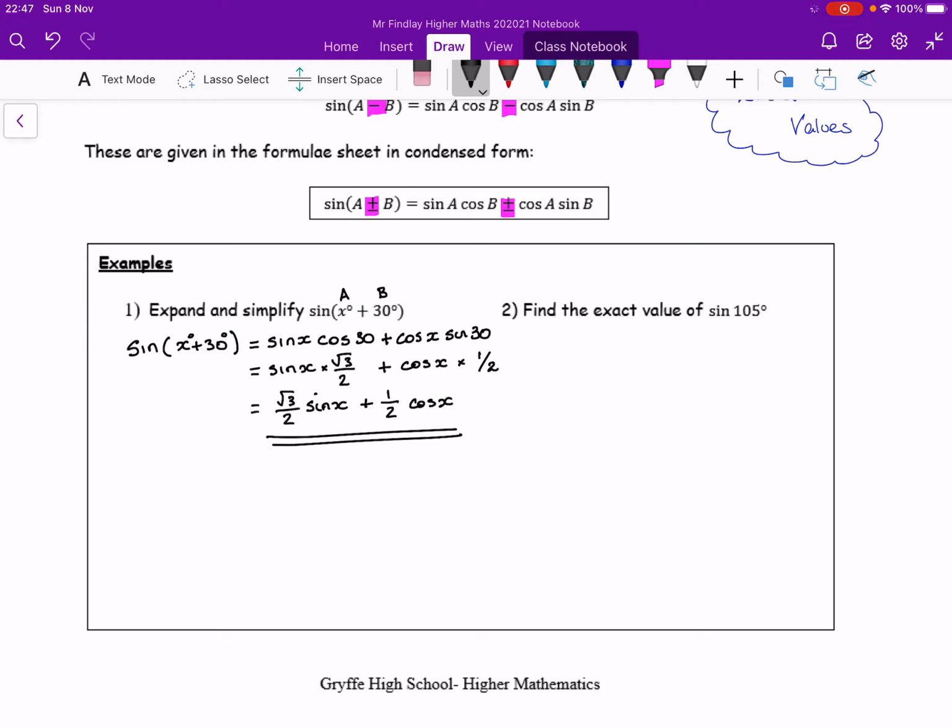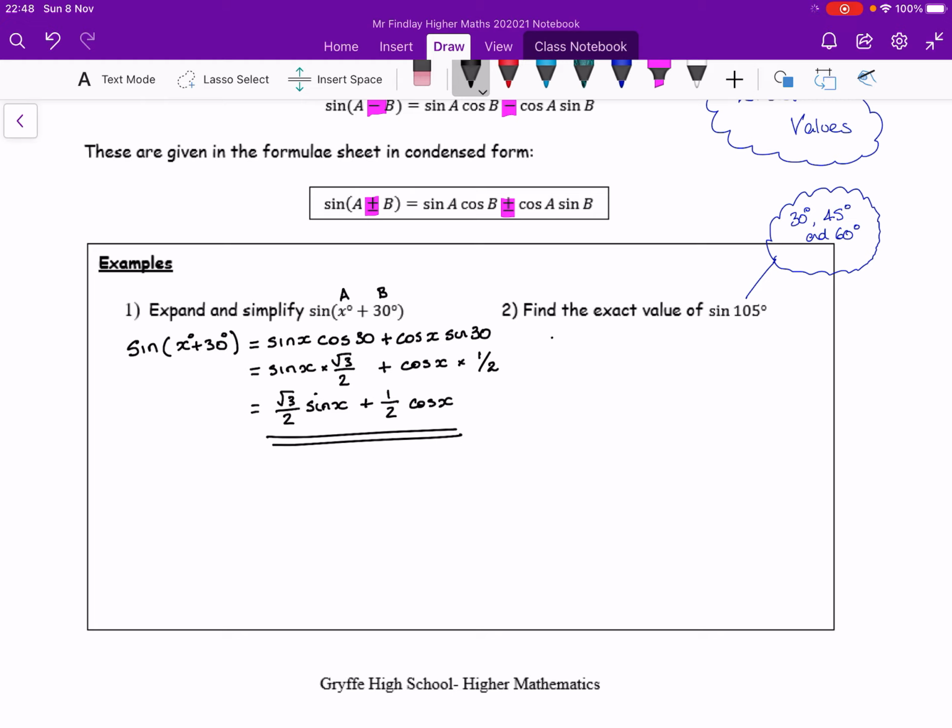A very common use is to be able to work out values which do not fall within our usual exact values. However, what you're always considering is the exact values that we know. So consider 30, 45 and 60 degrees.